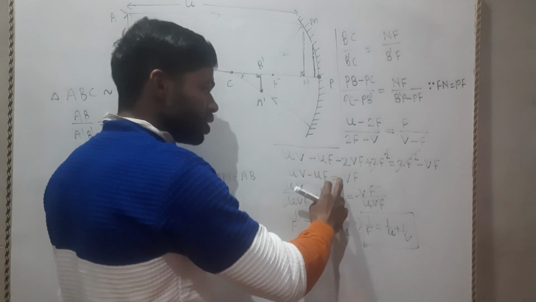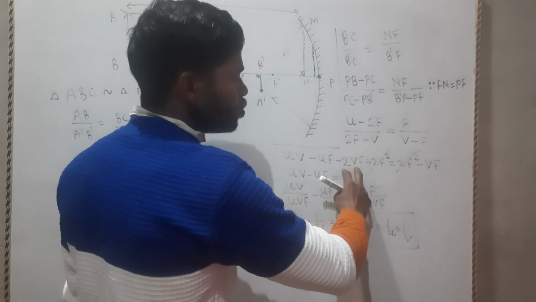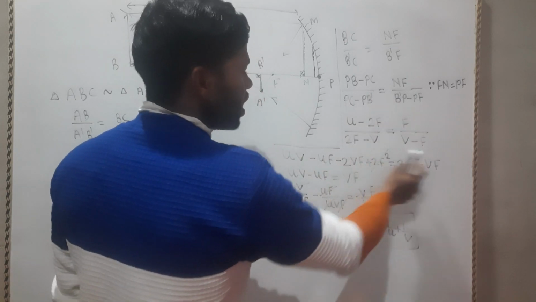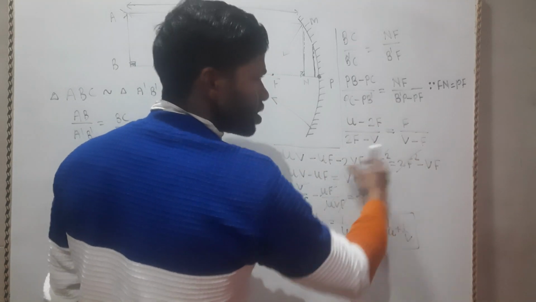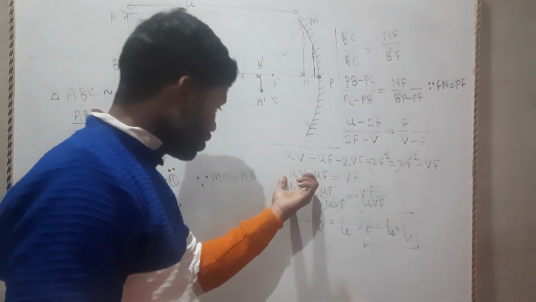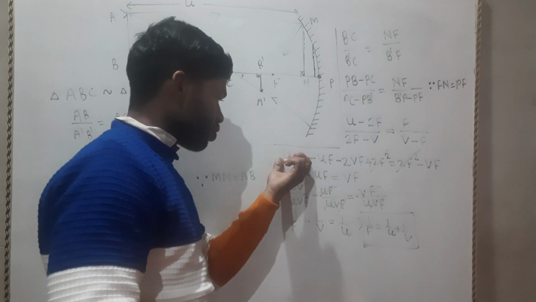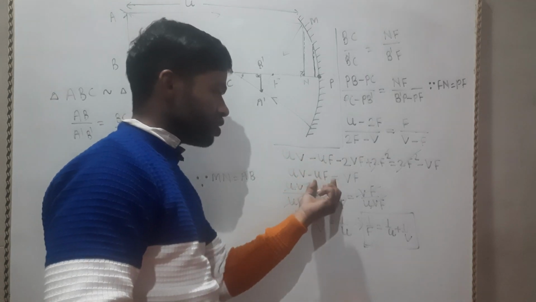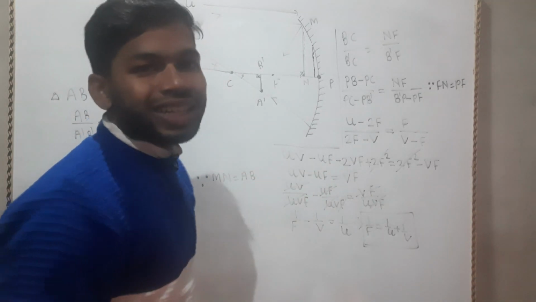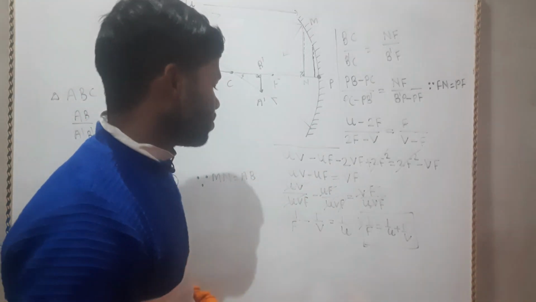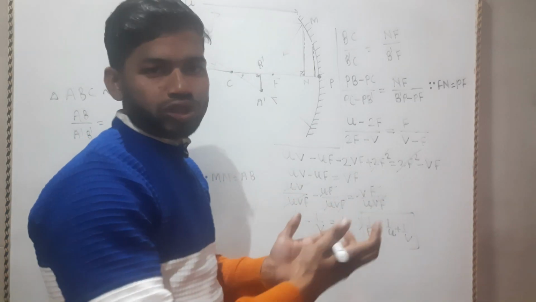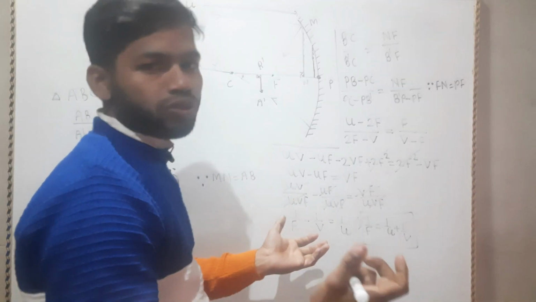UV minus UF is equal to minus 2UV, 2VF. Interchange both sides, it will be a positive sign and this is negative, so it will be subtract, and you will get the resultant VF. Copy it: UV minus UF is equal to VF. Dividing by UVF, you will get the relation. I am dividing both sides, so the equation stays balanced, there is no problem.